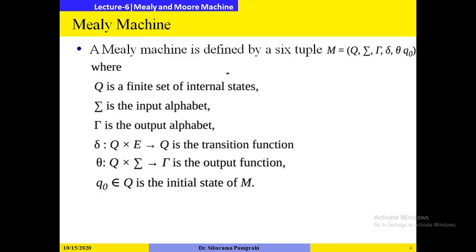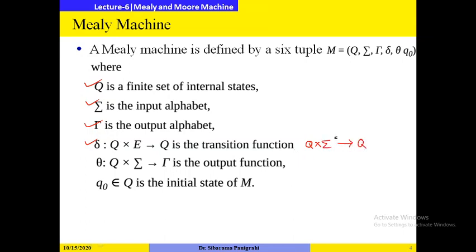A Mealy machine can be mathematically defined through a six tuple. It consists of a finite non-empty set of states, a finite non-empty set of input alphabets, and an output alphabet denoted as tau. Then the transition function maps from a state q and an input alphabet to the next state.